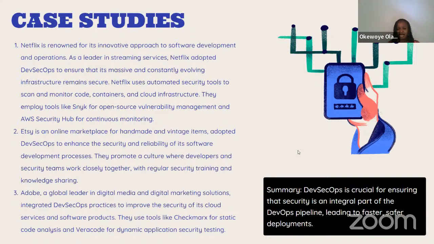So I guess we all understand what DevSecOps actually means: incorporating security into DevOps. I already mentioned the processes of DevOps, which are the monitoring, the integration, and the testing of applications to deliver applications faster.